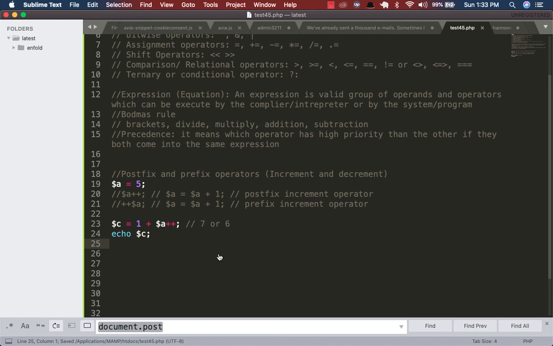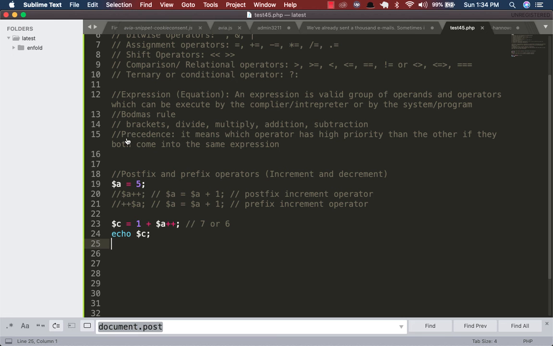Let's check it. It shows 6, because again, as this is a postfix, the expression becomes 5, then the increment comes after.